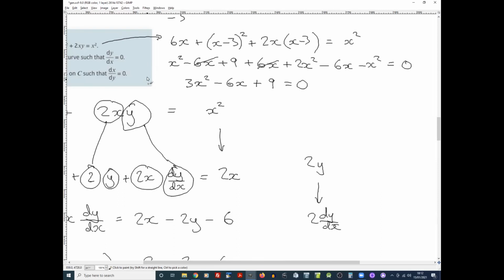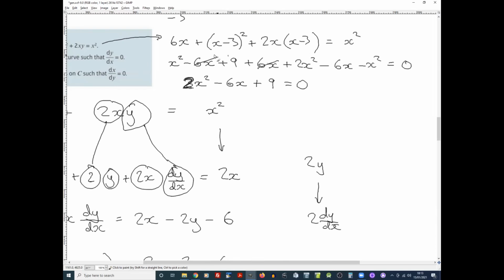My bad. x squared plus 2x squared minus x squared is 2x squared. So 2x squared minus 6x plus 9? Oh, there was a plus 6x that I missed out.